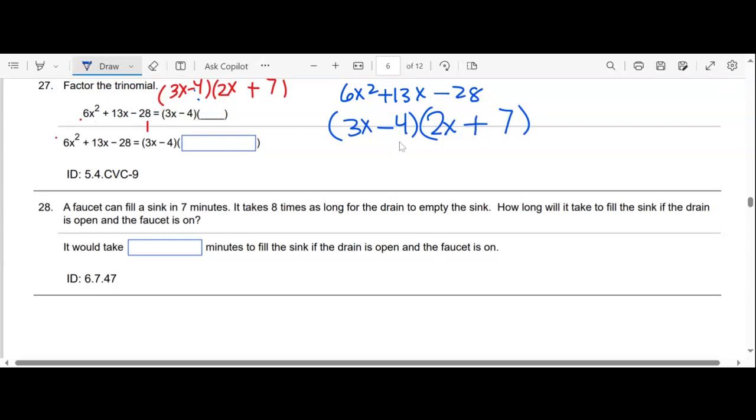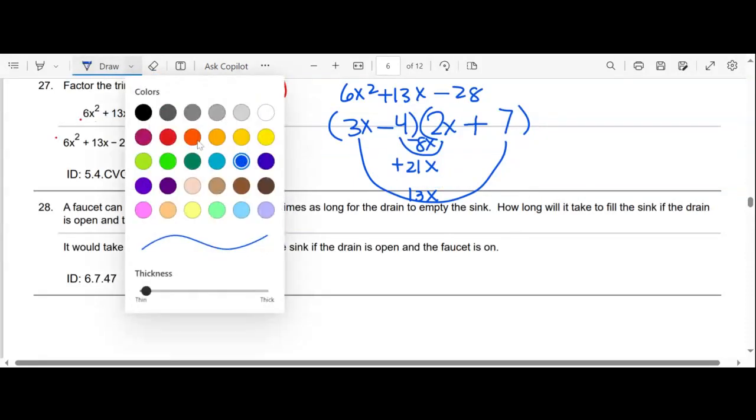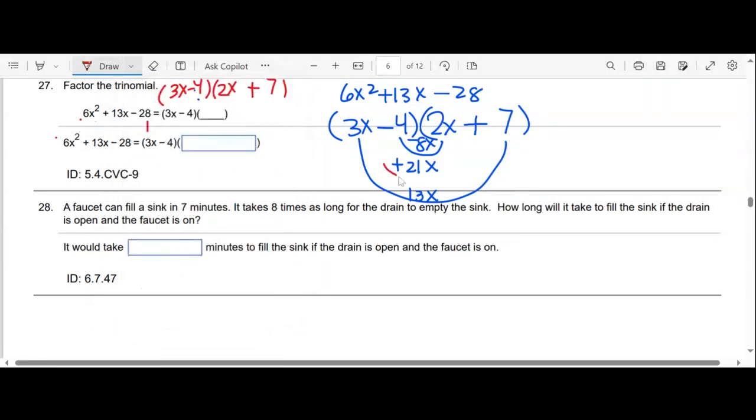Plus. Now we have to do the happy face to make sure that we are correct. So it's going to get negative 8x and 21x. How much do you get? Do you get 13x? Yes, you're right. Clear or not clear? Remember, the happy face helps you a lot.